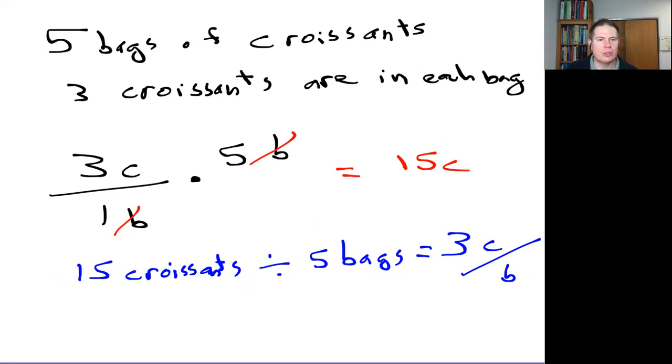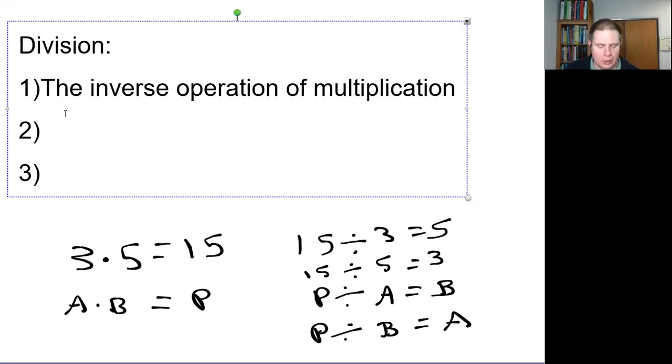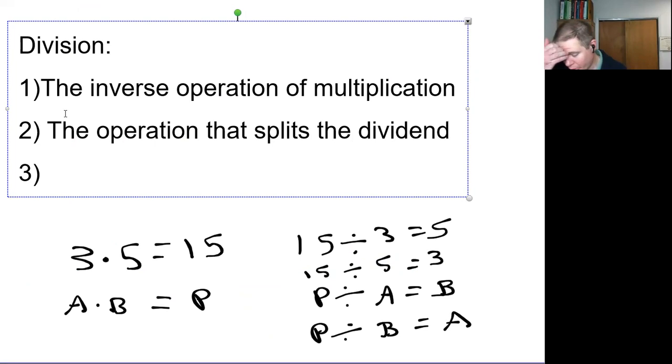So that's one definition of multiplication, or sorry, one definition of division is to say division is the operation that splits the dividend, and we'll define these jargon words shortly.